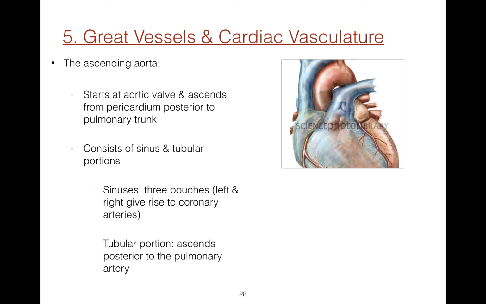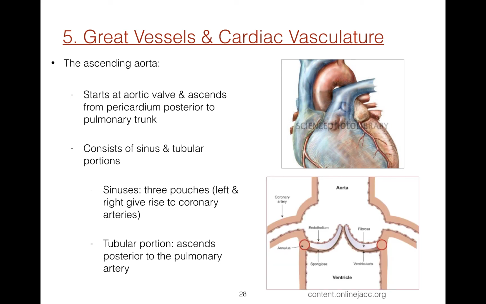On the left side, the ascending aorta. It starts at the aortic valve, the most central of the heart valves, and ascends from the pericardium posterior to the pulmonary artery. The ascending aorta consists of sinus and tubular portions.